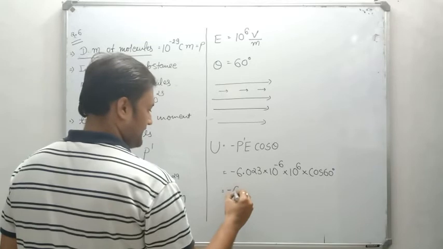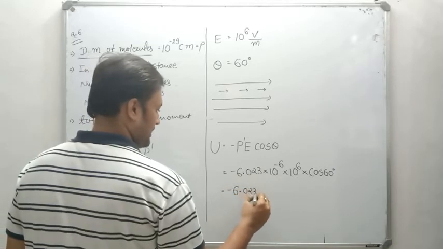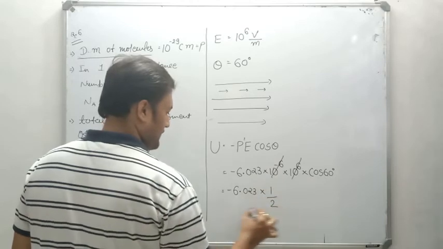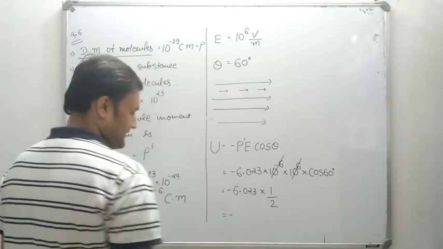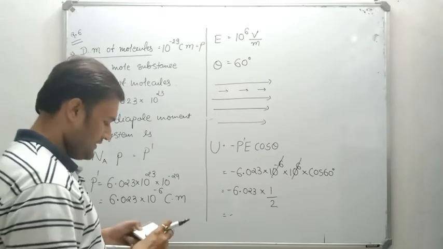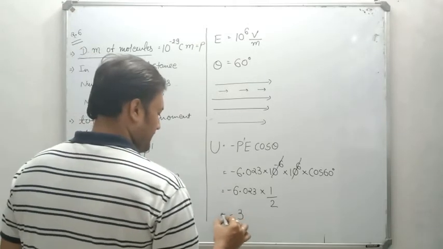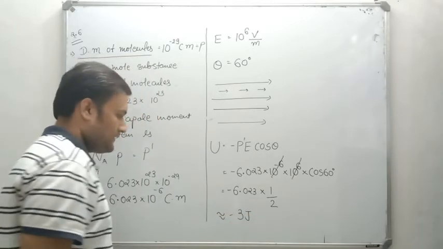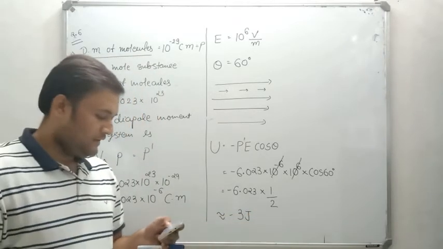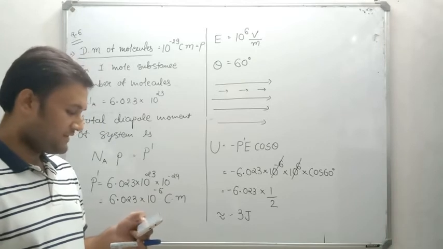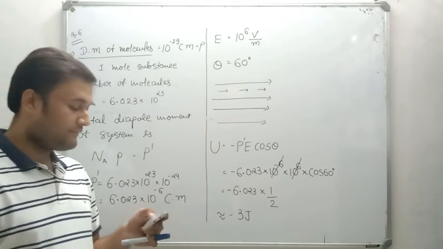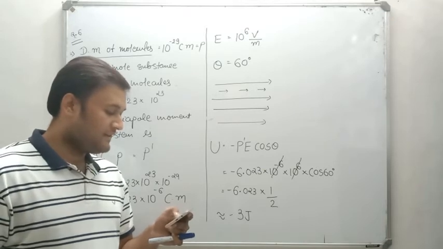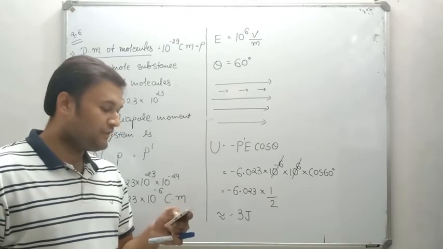So minus 6.023, the powers cancel, cos 60 is equal to 1 by 2, and that is minus 3 point something, approximately minus 3 joule. Now we have to estimate the heat released by the substance as it aligns its dipole along the new direction.